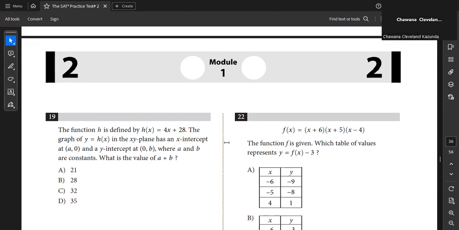You subtract 28 from both sides and then divide by 4. You get negative 7. Then the other one says x is 0 and y equals b. So there again, just substitute and you remain with 28. Negative 7 plus 28 is going to give you 21.